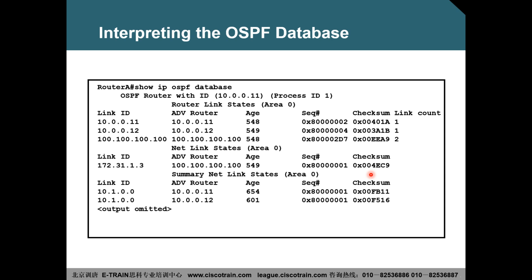Now to verify the LSAs, we type show ip ospf database, in which you can see this is router LSA information. This is network LSA information. This is type 3 summary LSA information. So the command show ip ospf database is the place where you can see all LSA types. Can you highlight that? There is no highlight.